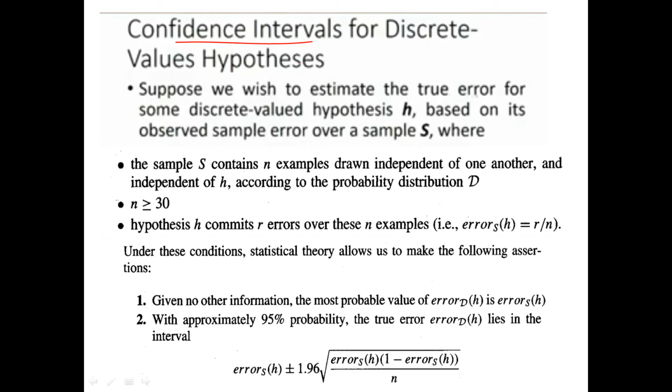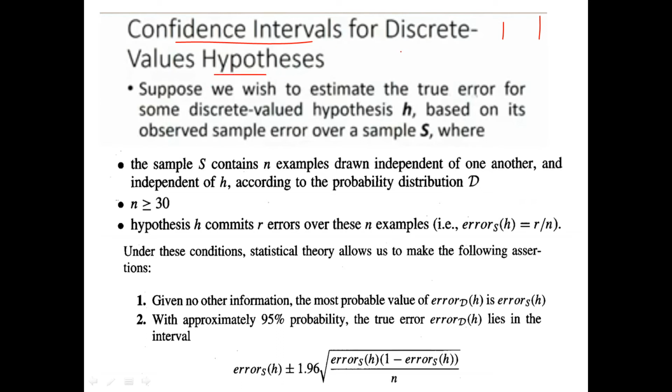So between which values your mean is going to come, and how confident you are, by observing the sample error, in telling that with respect to the entire population your true error is going to have. So we are now going to understand this confidence interval for discrete valued hypothesis.